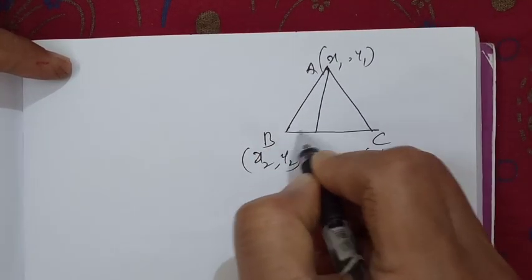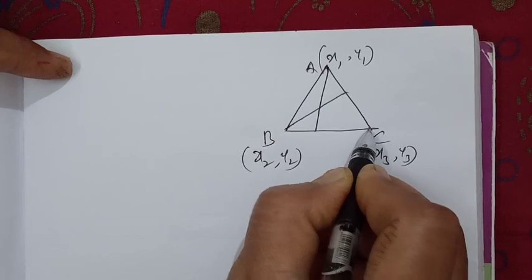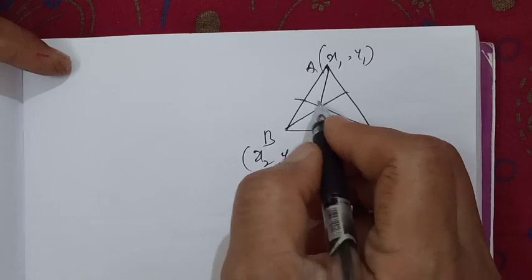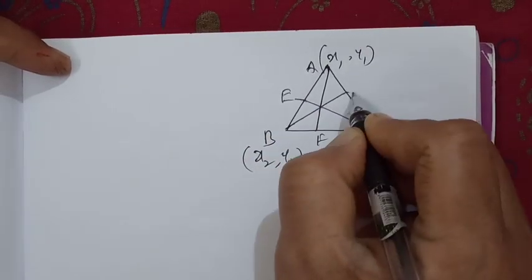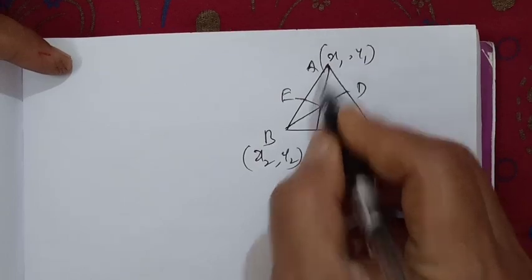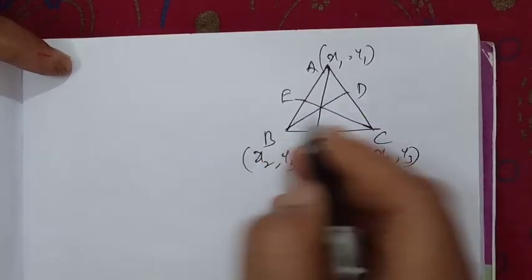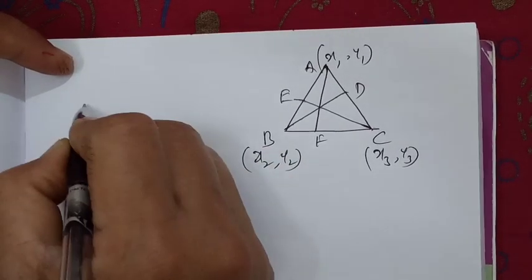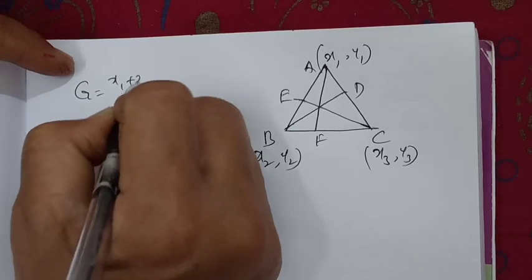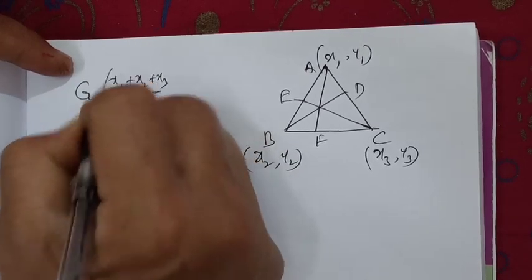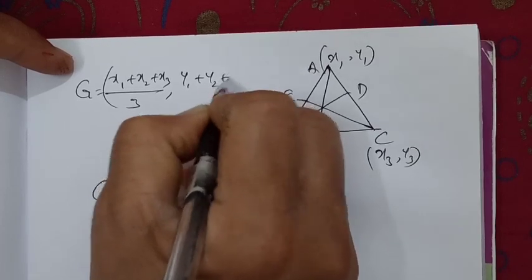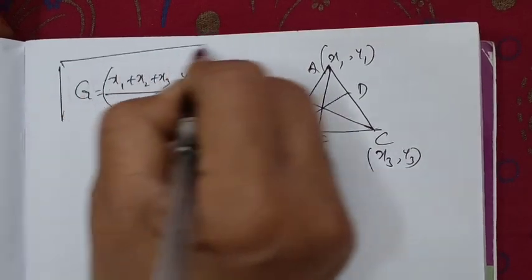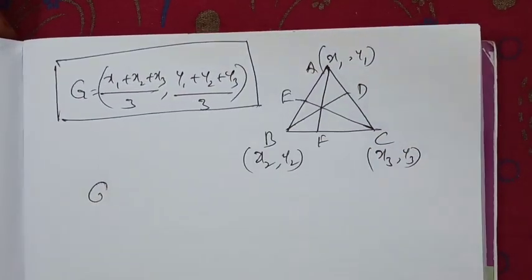This is a median, this is another median, this is a third median, and medians are denoted by D, E, F. Next, what is the centroid formula? G is equal to (x1 plus x2 plus x3 by 3, y1 plus y2 plus y3 by 3). This is the centroid formula. It's a very important formula of this chapter.